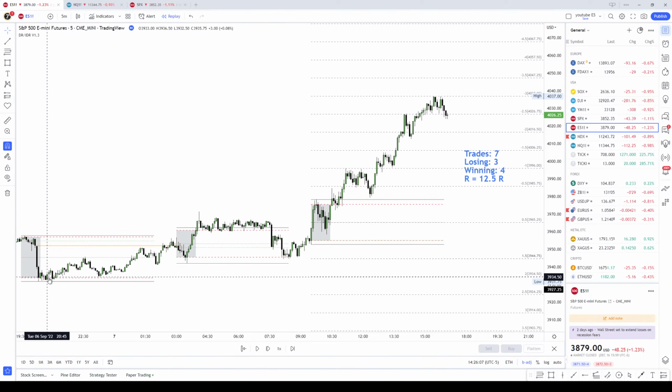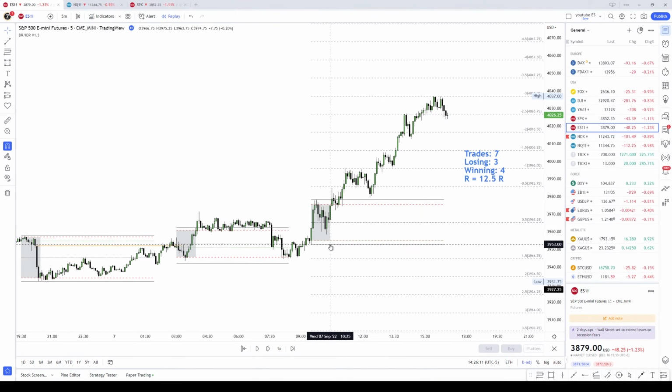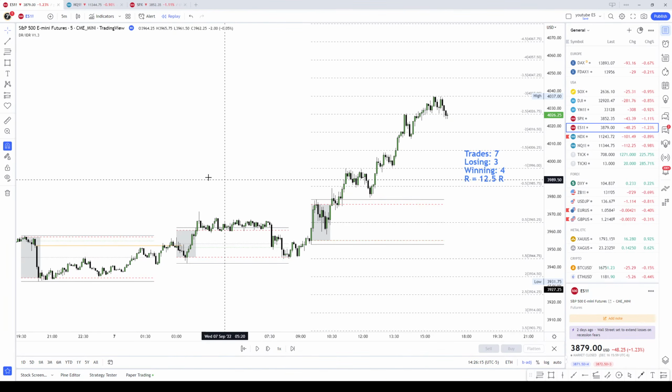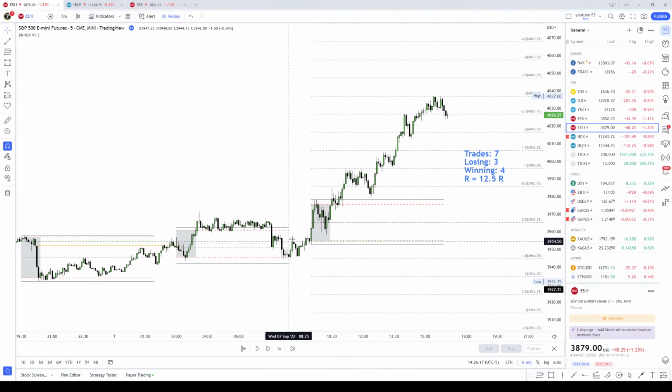Based on the relationship between the 3 sessions of the DR, you will expect a range expansion, because that's the model. If you study it, you will see that. And you can know it as early as the first 3 candles here, with the close of this candle. You can be sure that you have a high probability for a range expansion.